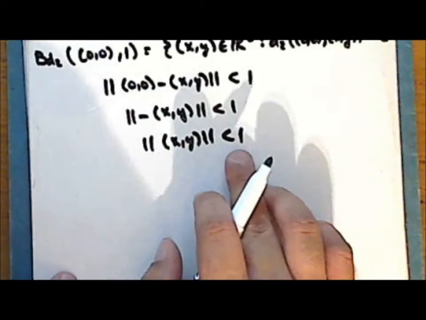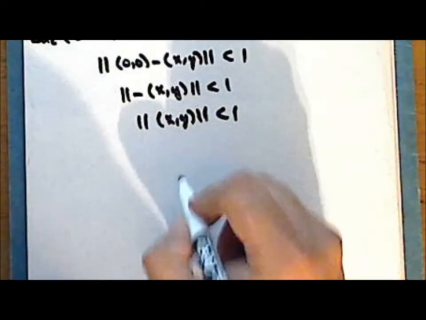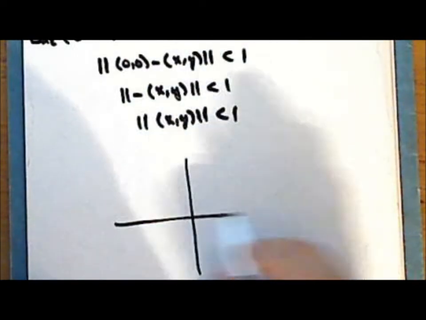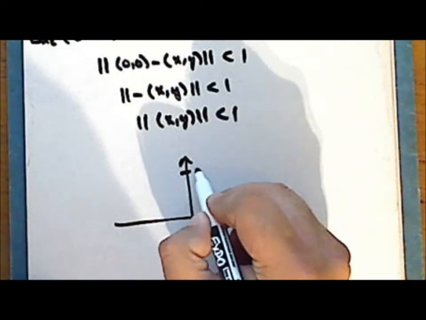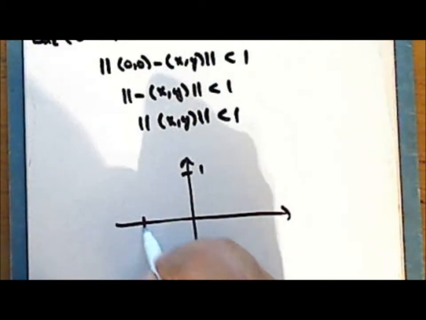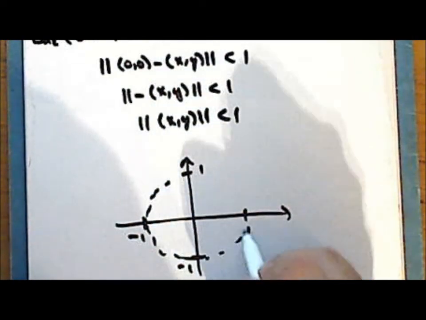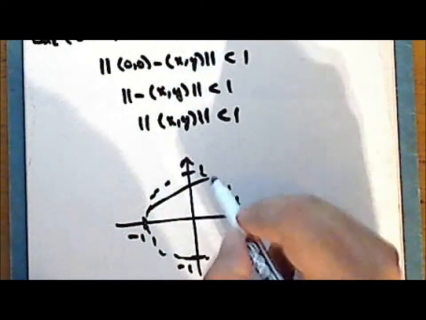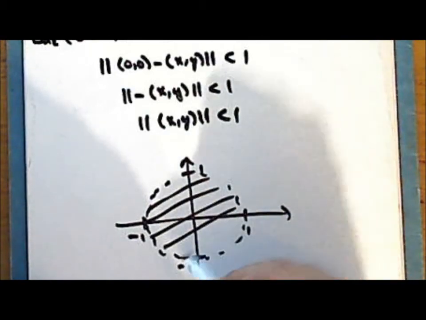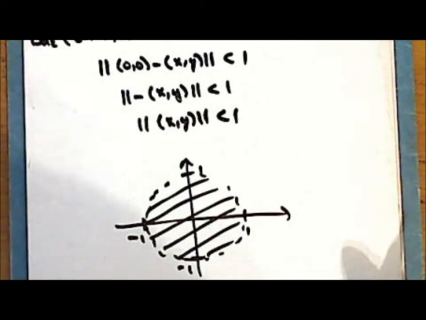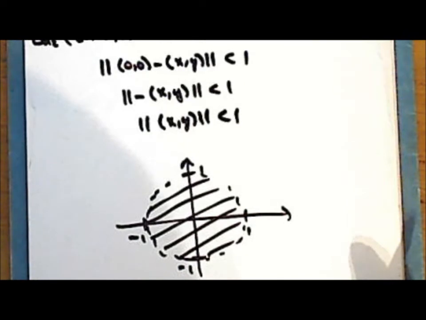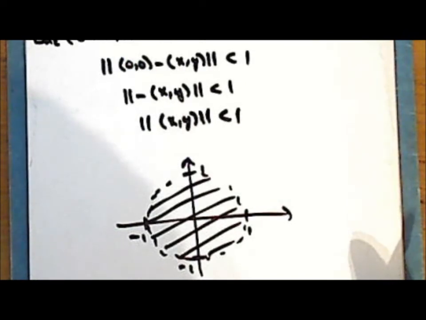So the norm is less than 1, so this is simply the interior of the unit circle centered at the origin. So in the plane, open balls in the Euclidean metric are circular, the interior of circular disks. All right.